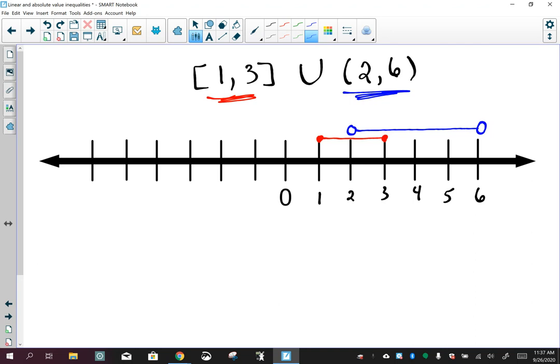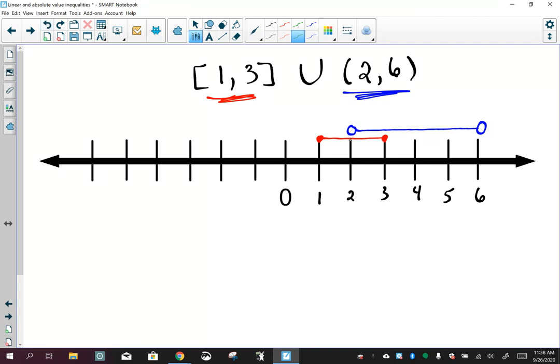Now, here's where in a union we kind of ignore things sometimes, because if you notice in my union, I have an open dot in an actual included piece. When we are looking at a union, we include everything that's there, regardless of whether it's not here or it is here.